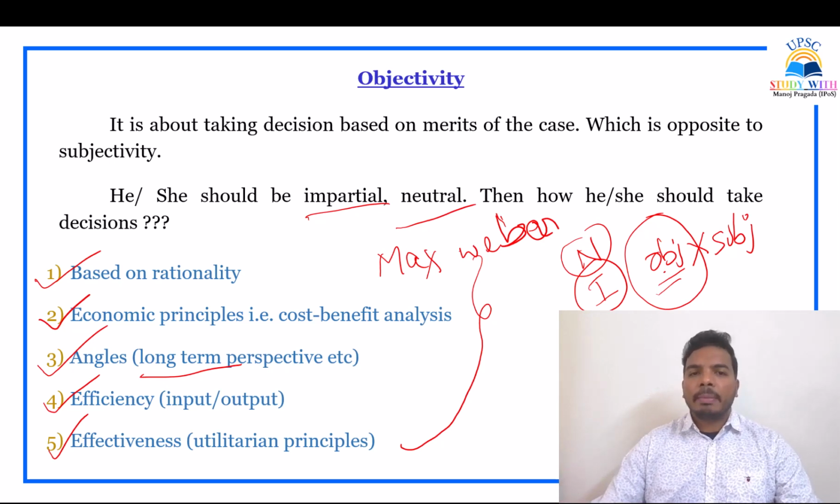Most of the political parties these days, we are seeing that they are making poll promises in the manifestos. They are saying that if you vote us to power, we will give this for free. Our first 100 units of electricity will be free. Why will the first 100 units of electricity be free?